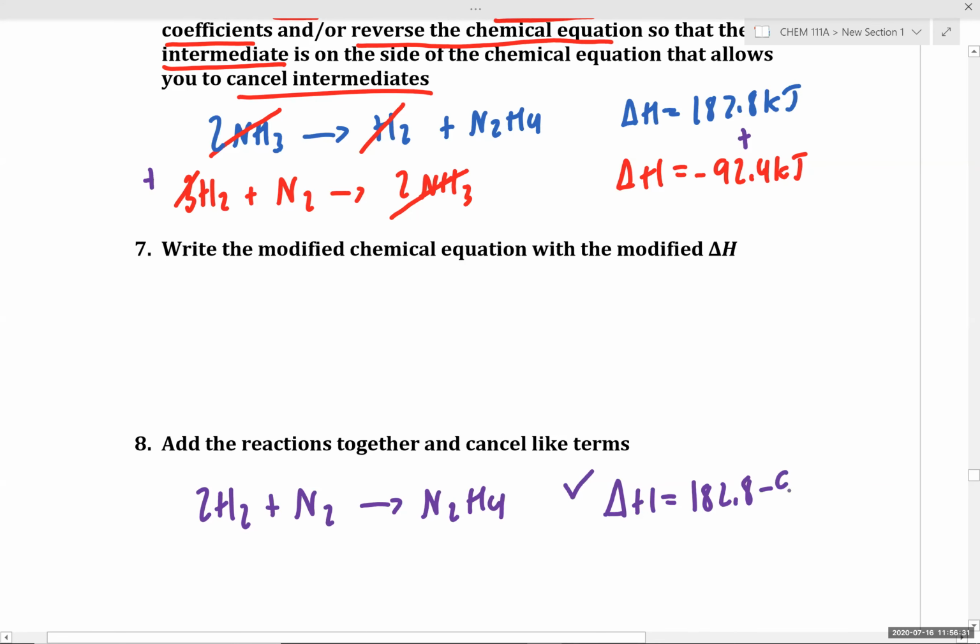This matches our desired equation, and our enthalpy is equal to 182.2 minus 92.4 kilojoules, which gives us an enthalpy of 90.4 kilojoules.